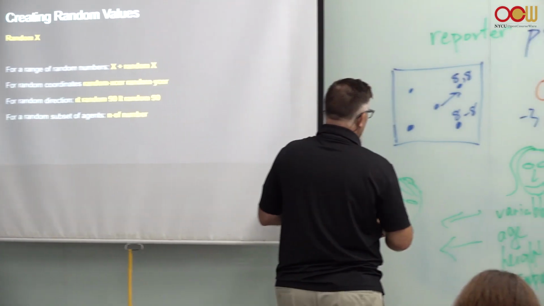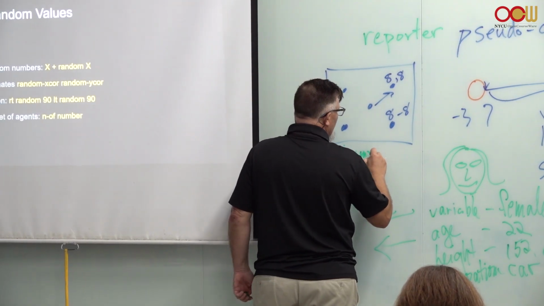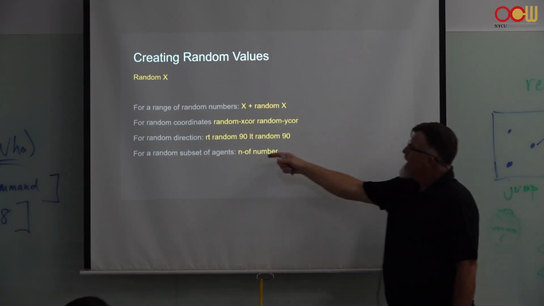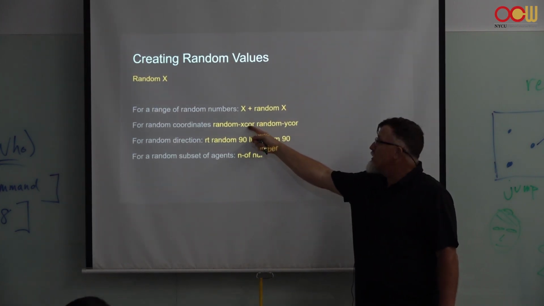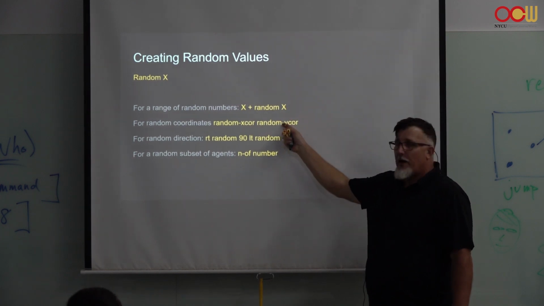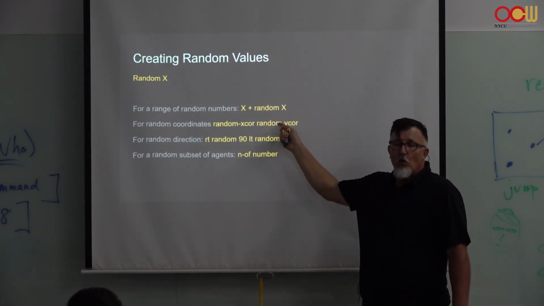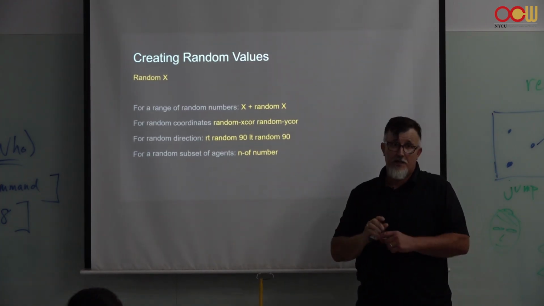The movement command is jump, and the x coordinate is a turtle coordinate, so it's going to jump to some random x and some random y, within the limits of the environment itself.